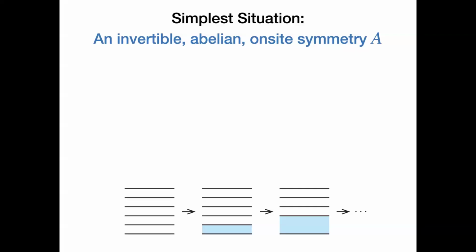I will first consider the simplest situation, where the input symmetry is an invertible, abelian, onsite symmetry, which I call A. Onsite means the symmetry is non-anomalous. Later I'll generalize the symmetry to more sophisticated cases, but at the moment let me focus on this simple situation.